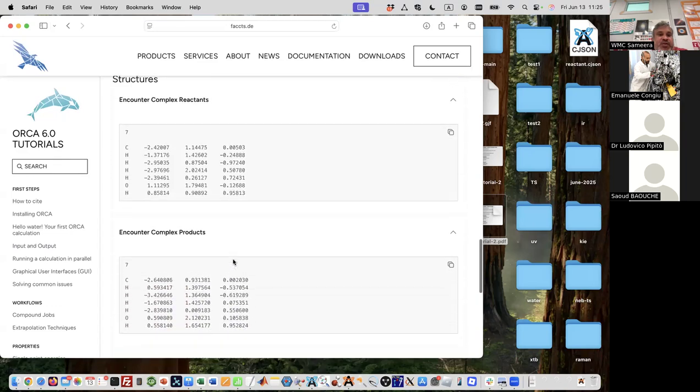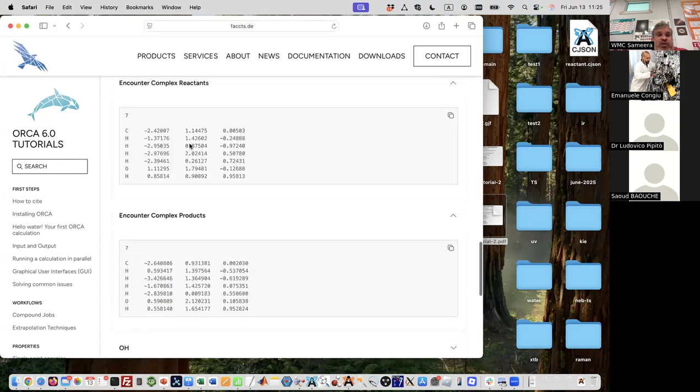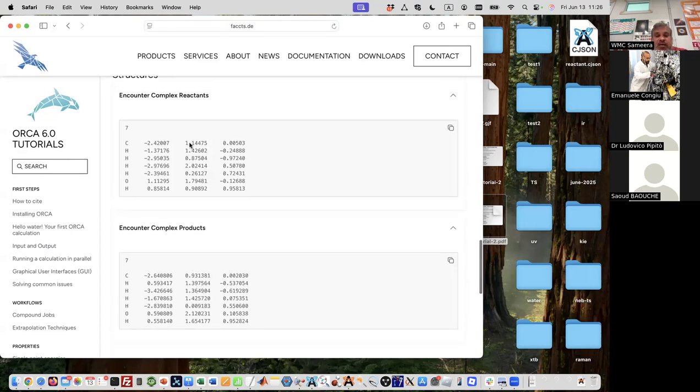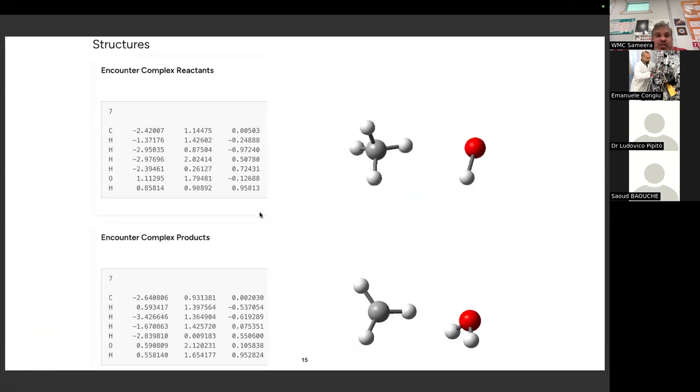You can use these two structures as a starting point to compute the NEB. That's essentially what we did in the morning.